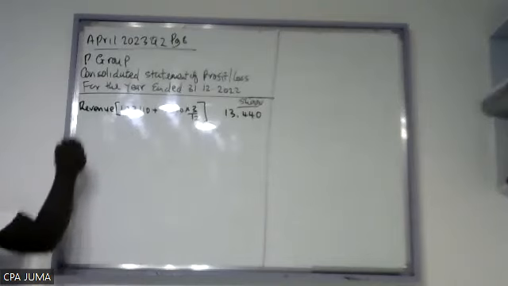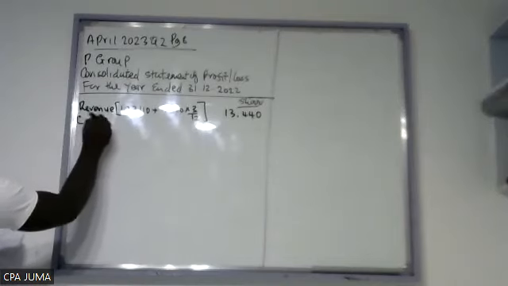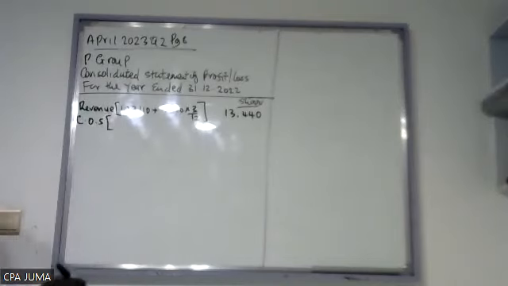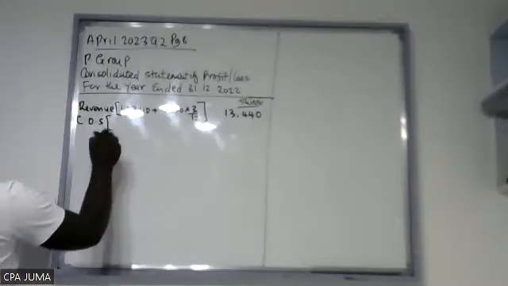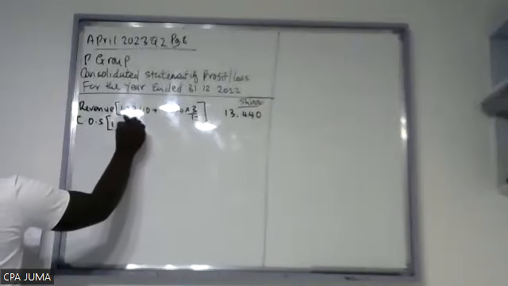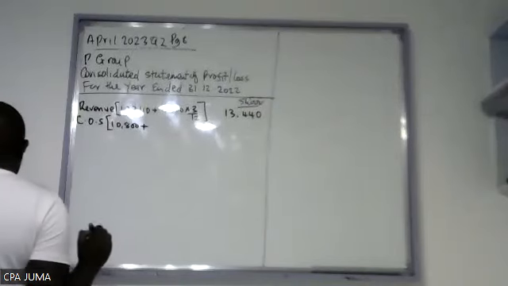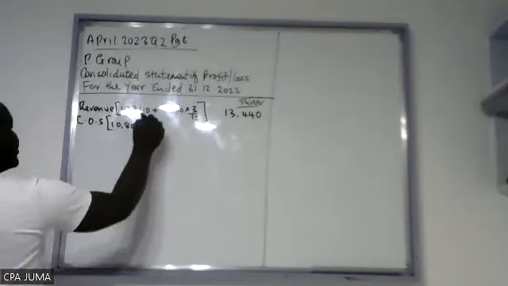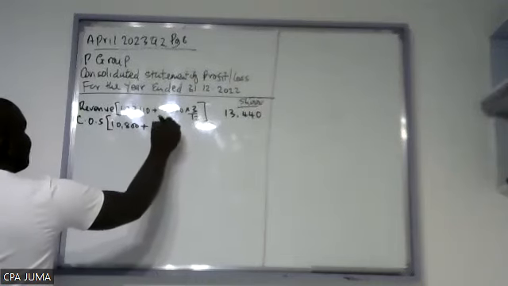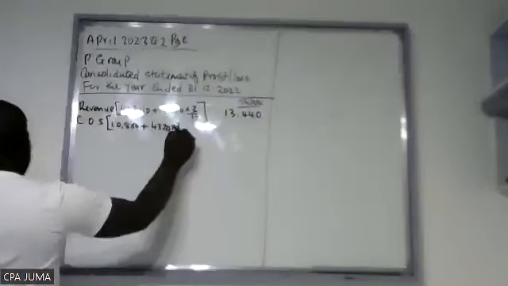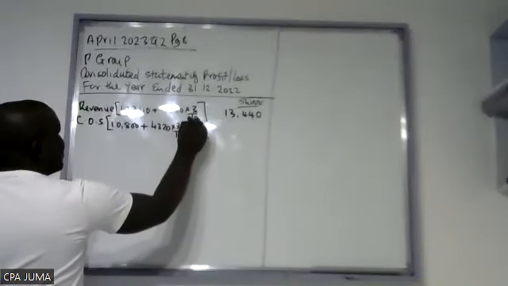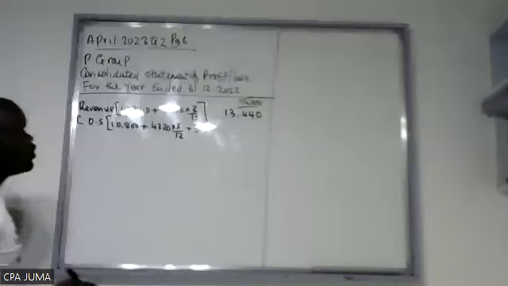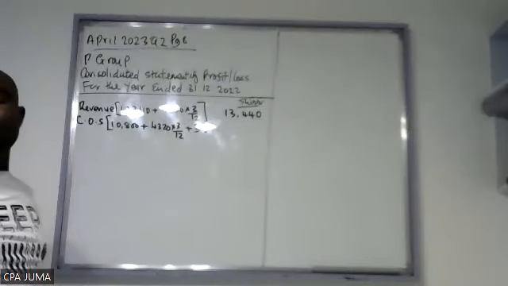Cost of sales. So COS, cost of sales. For the parent you take 10,800 plus 4,320 for 3 months. Then the examiner said amortization was to be classified in cost of sales.